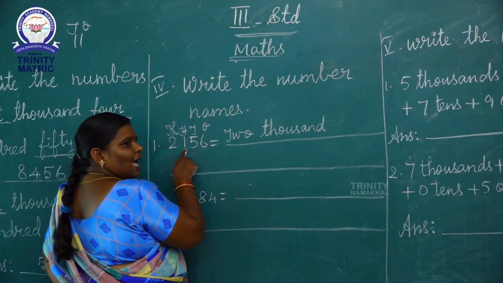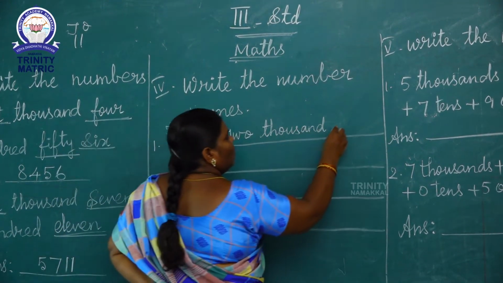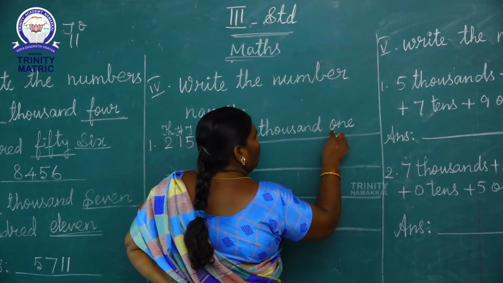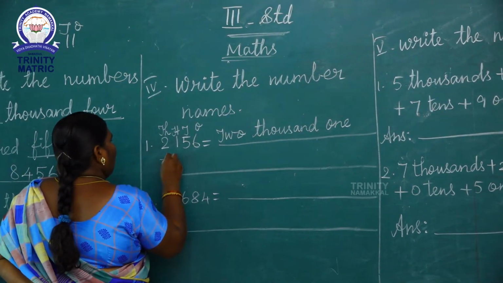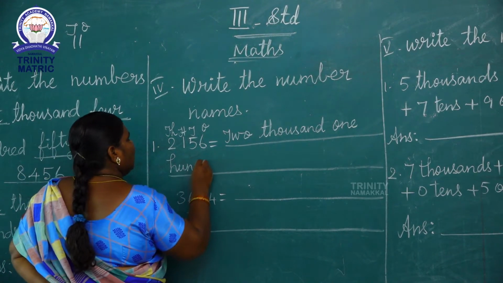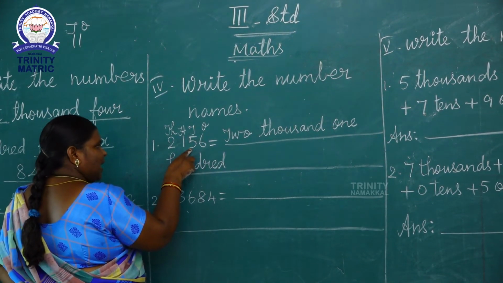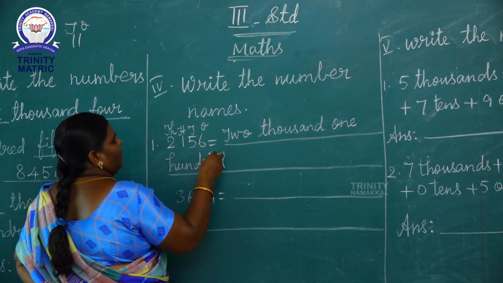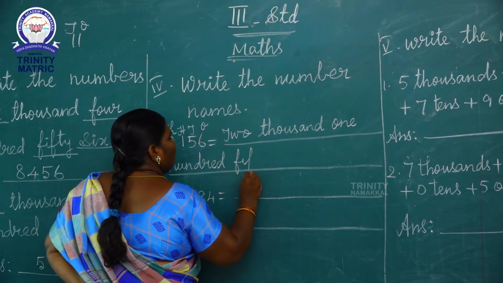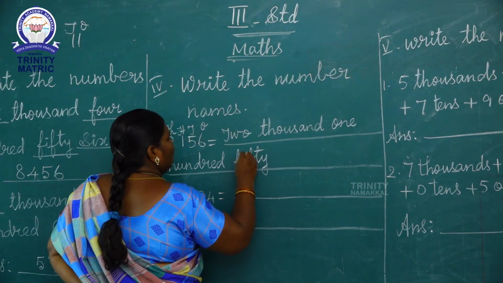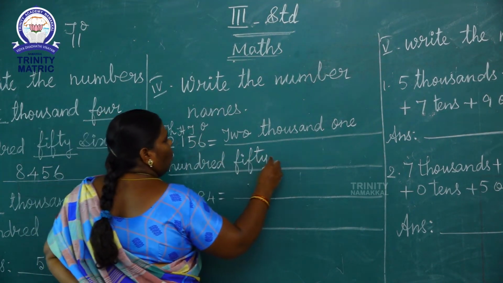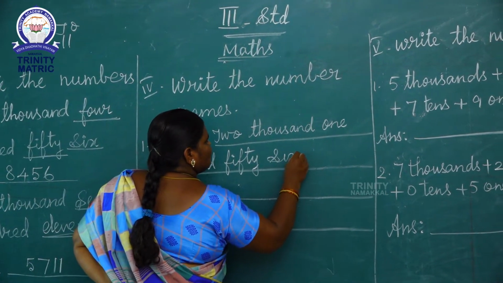How many hundreds? 100. So you write one hundred. How many tens? 5 tens, 50. Fifty. How many ones? 6 ones. So fifty-six. Six.